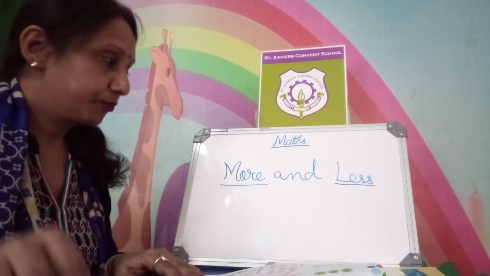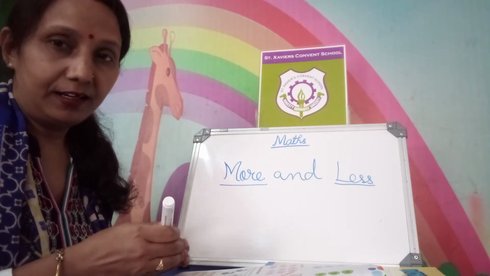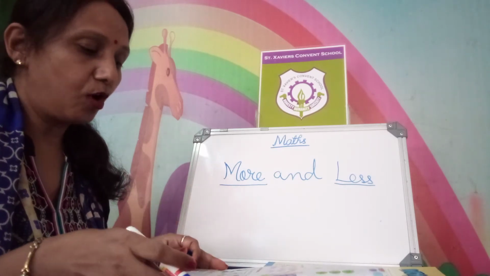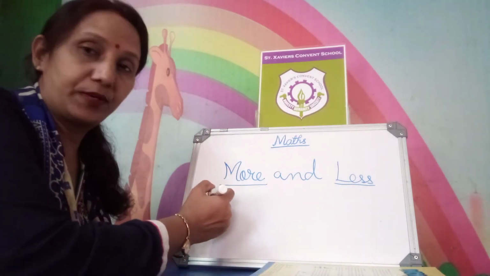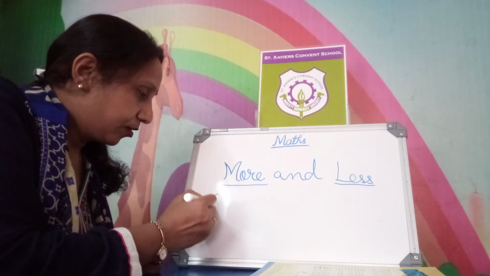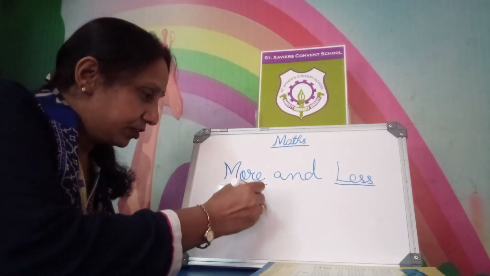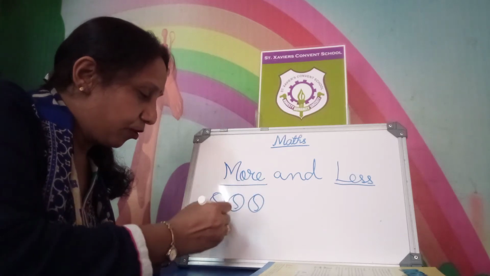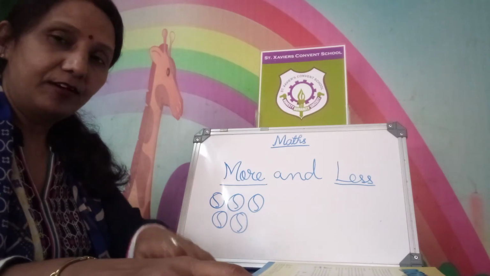Okay. Now we will study more and less. Here you see the pictures. One ball, 2, 3, 4, 5. How many balls are there? 5.